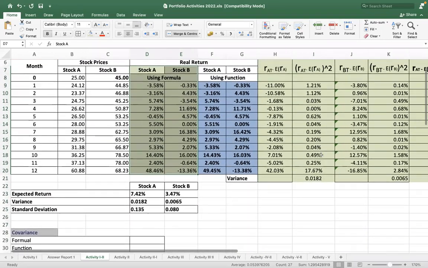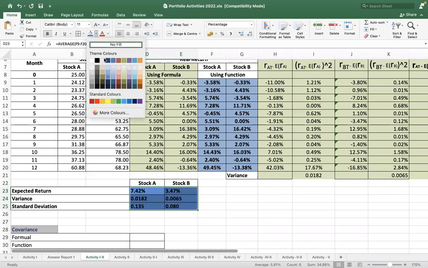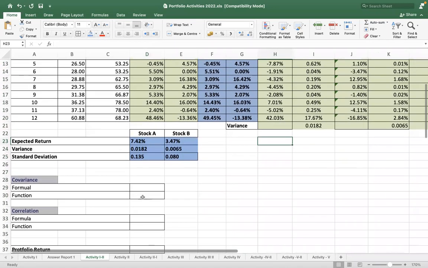You just need these things, right? So then we have the standard deviation of stock A, that is 0.13, and stock B is 0.08, right?